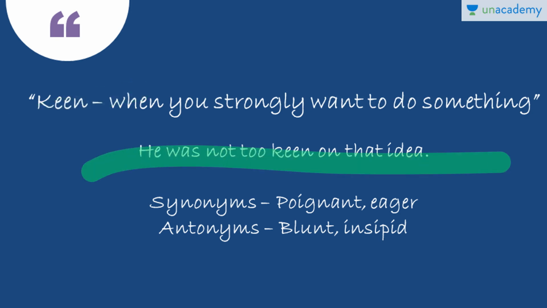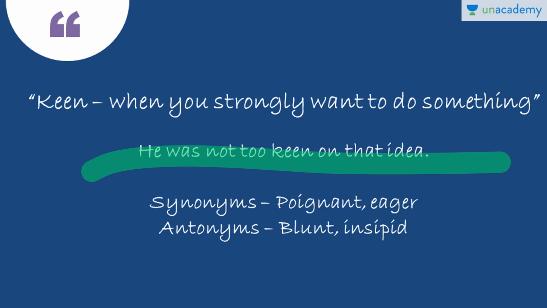Let's say you have n number of ideas in your mind, but you don't start working on every idea. Okay, so you work on that idea about which you are very keen. So he was not too keen on that idea. There must be some idea on which he was not very keen. He did not have any strong desire to do something on that idea.